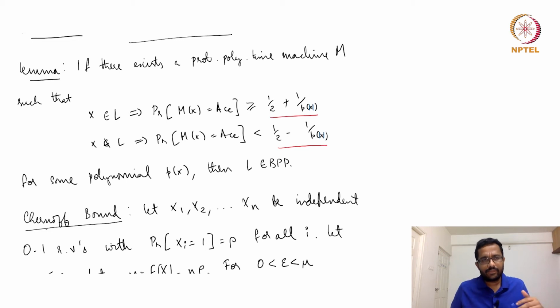Because there is a gap, and this gap is pronounced when you repeat it. In one trial it's very close to half, but when you repeat it many times, the gap becomes pronounced. So you are likely to see more than 505 accepts if x is in the language, or fewer than 495 accepts when x is not in the language. So you can safely accept or reject based on this.